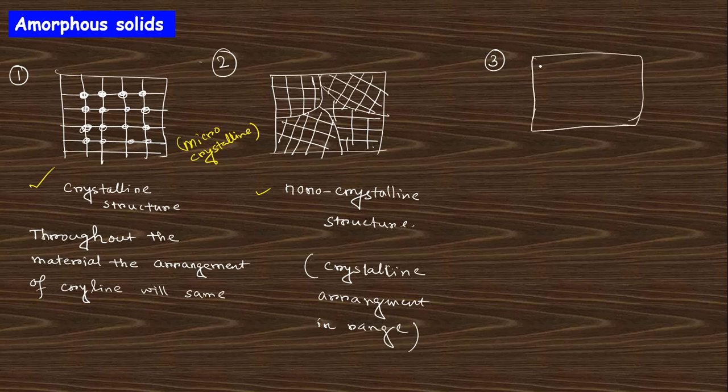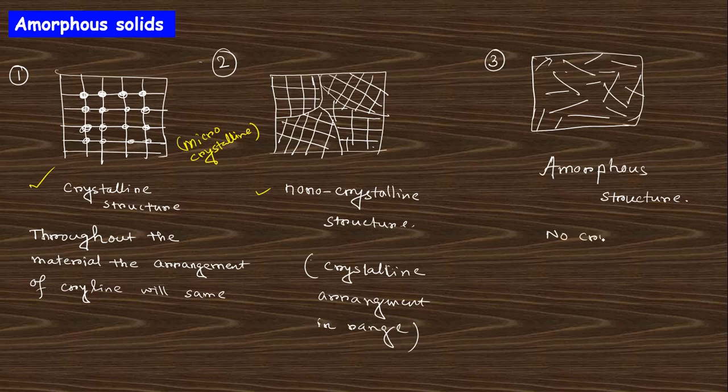There are no such regular arrangements; it is a haphazard arrangement. This is called amorphous structure, where there is no crystalline at all.